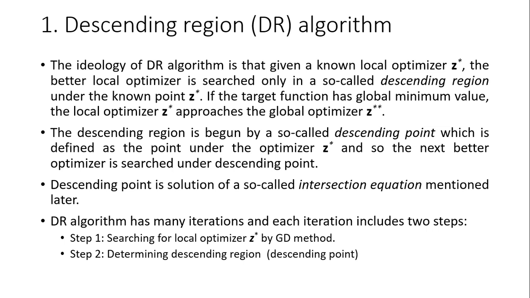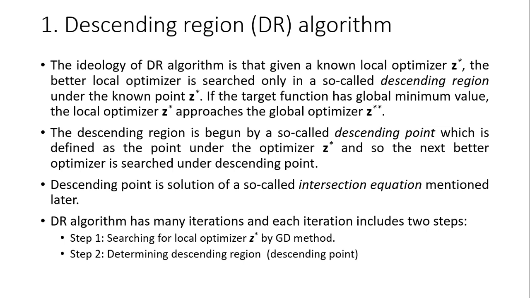The descending region is begun by a so-called descending bound, which is defined as the bound under the optimizer G*, and so the next better optimizer is searched under the descending bound. The descending bound is the solution of a so-called intersection equation mentioned later.